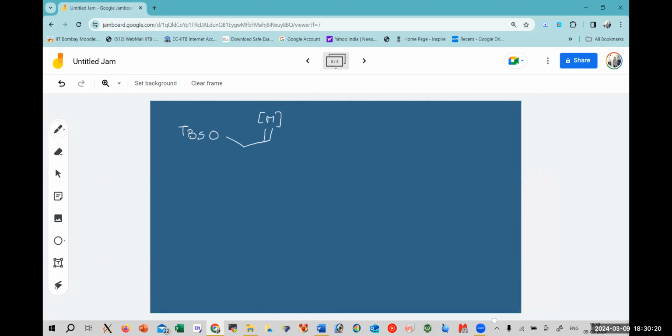Now this will react with your alkyne. So now it has to react with this, my alkyne, which is having a two-sided group.